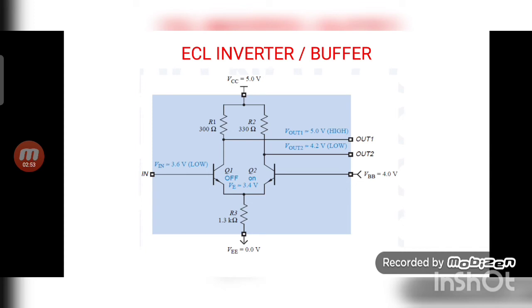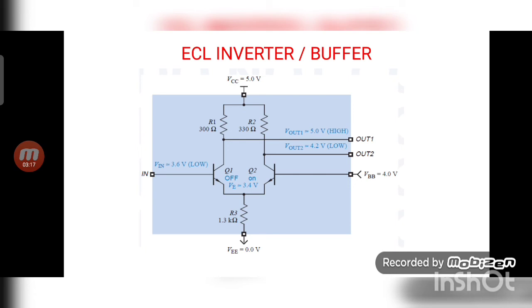Next, when Q2 is on, VCC goes to ground through it, so output 2 will be 0. Output 1 is the inverted form of the output, and output 2 is the normal buffer form of the output.